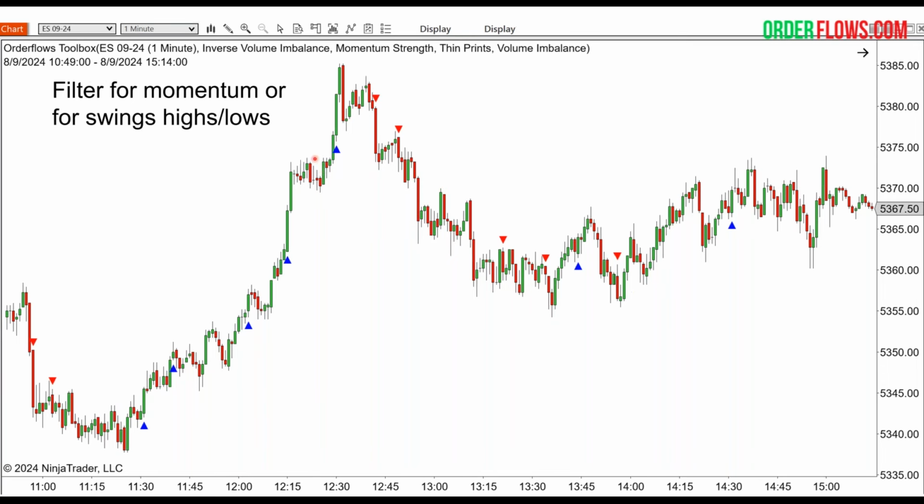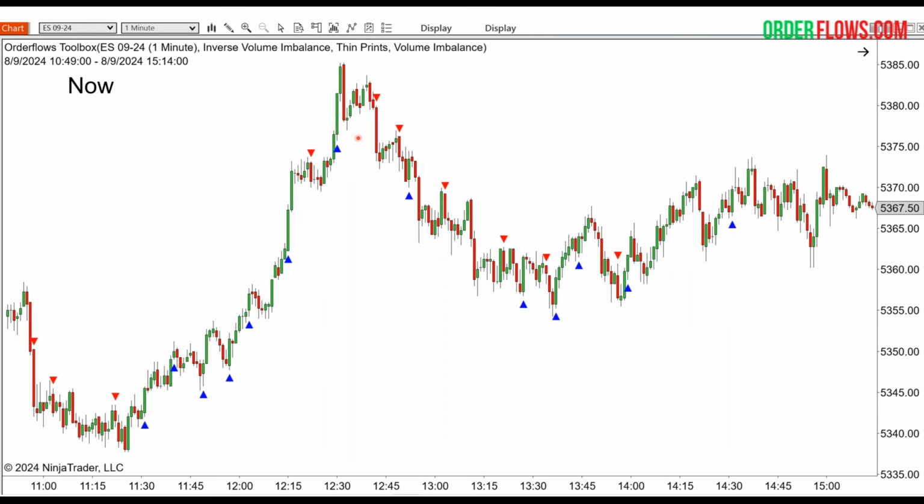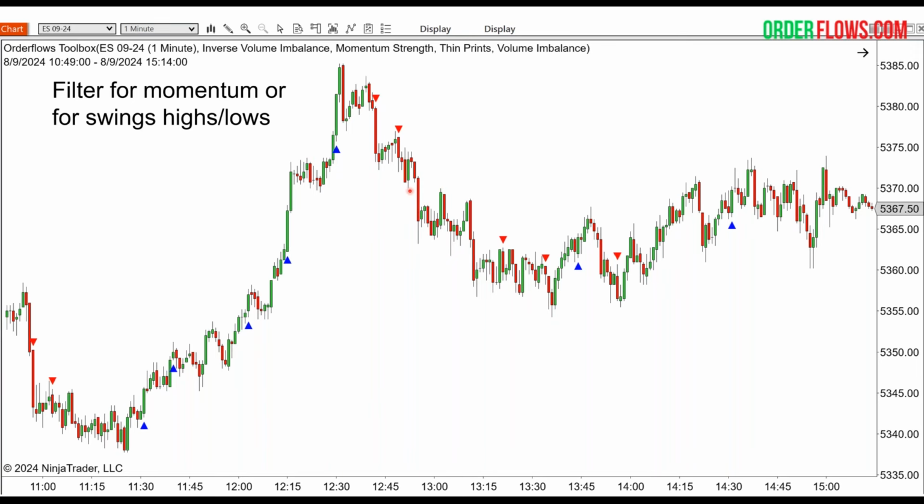So you see that losing trade that was there? I've added momentum, and whoops, it's gone now. Just as this one, it looks like a potential reversal, but it's really not. Because once you add in the reversal filter, it's gone, because these thin prints are really meant to be used in momentum.